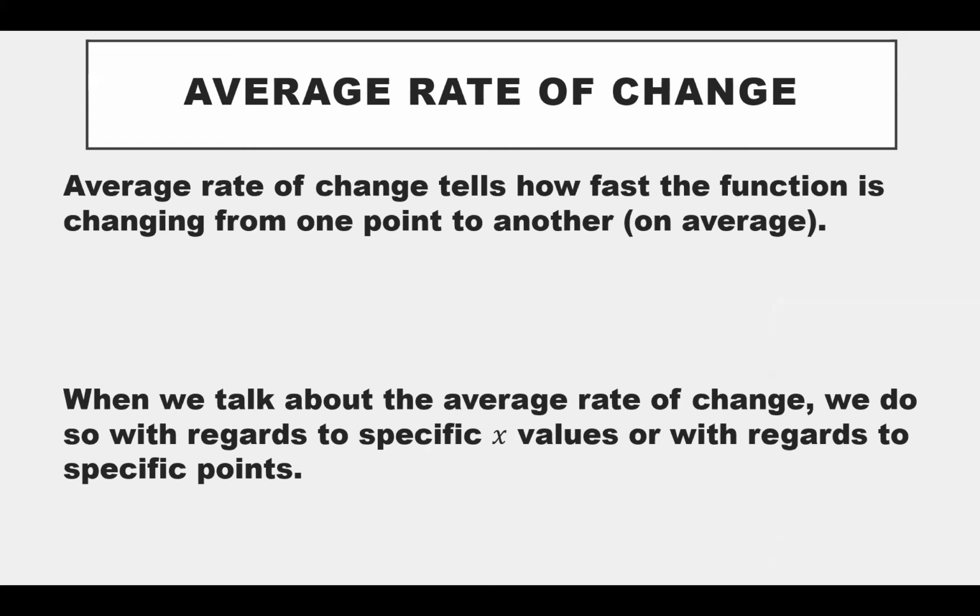The average rate of change is going to tell us how fast that function is changing from one point to another. That is, on average, how fast the function is changing from one point to another. So when we talk about the average rate of change of a function, we're actually always doing it with regards to specific x values or with regards to specific points.